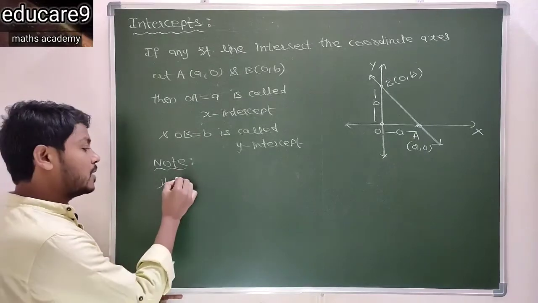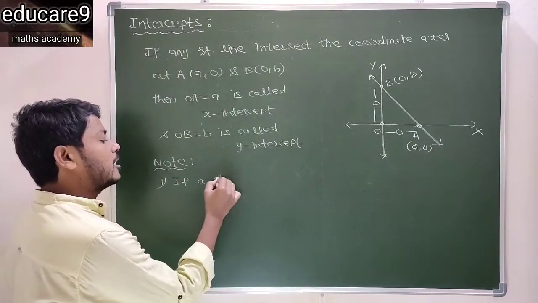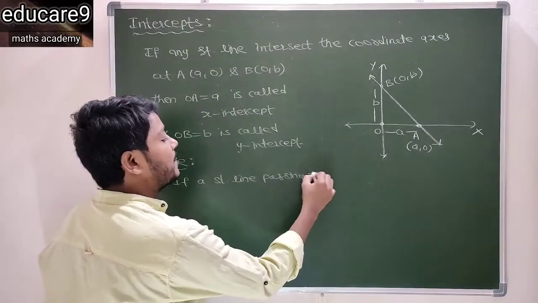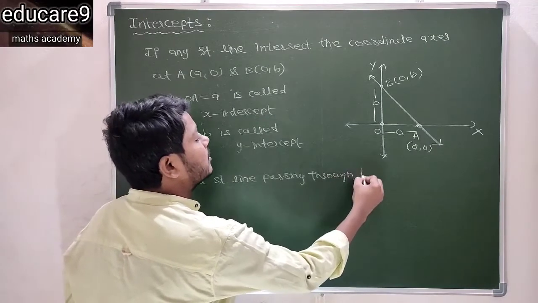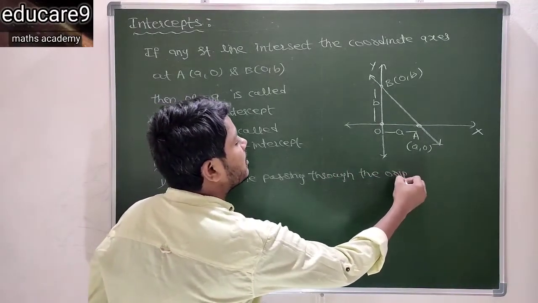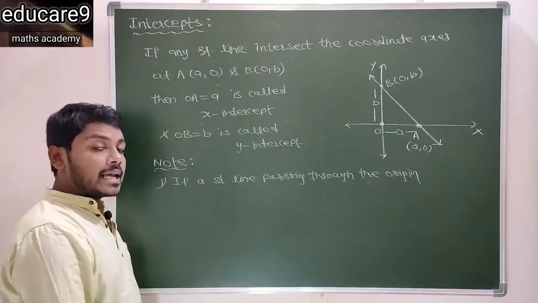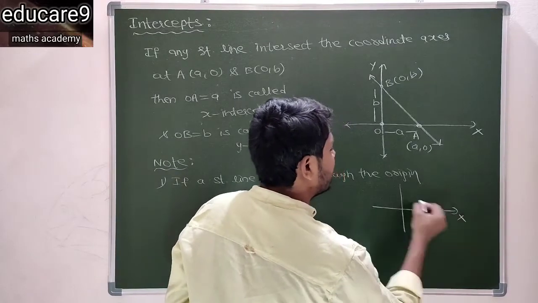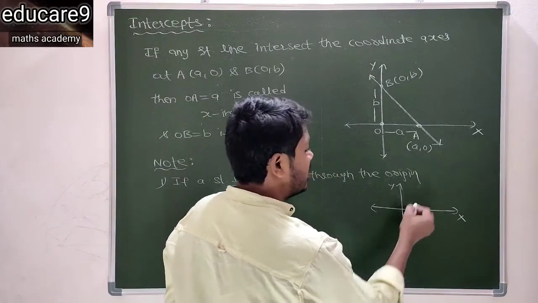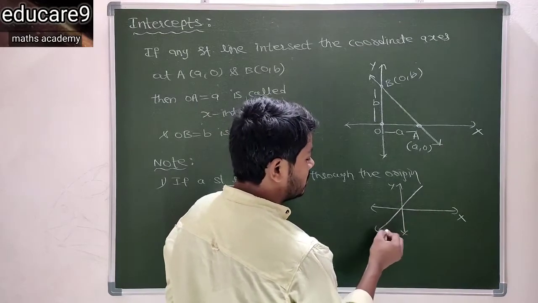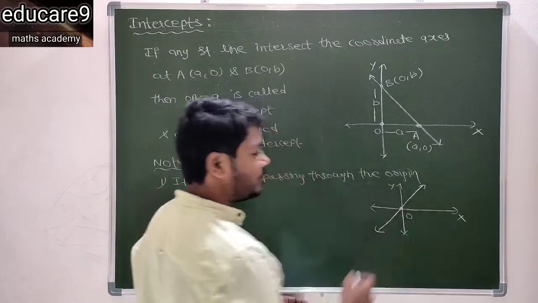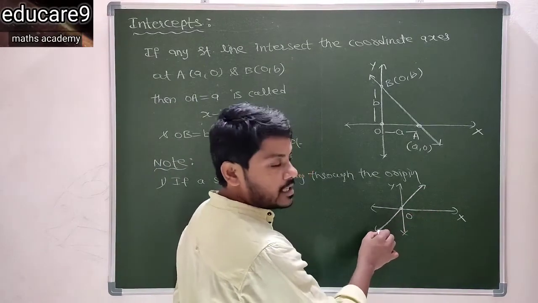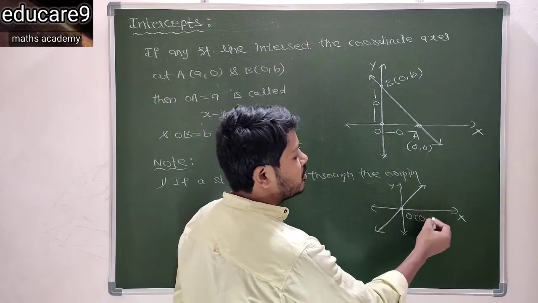First one, if a straight line is passing through the origin, then what are the x and y intercepts? See here, this is the coordinate axis, x and y axis, and the straight line is passing through the origin, which is (0, 0).